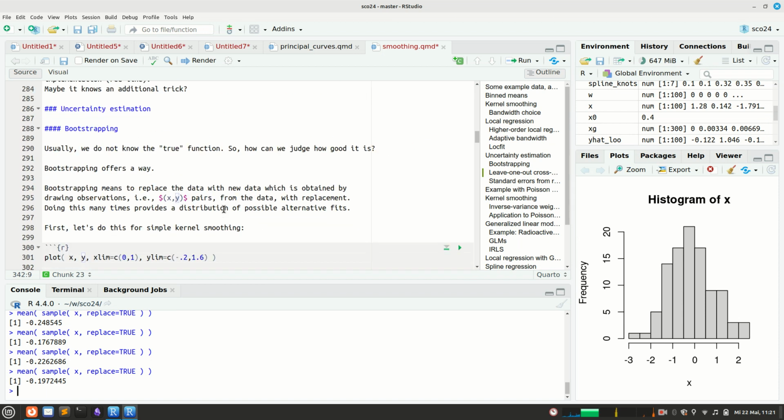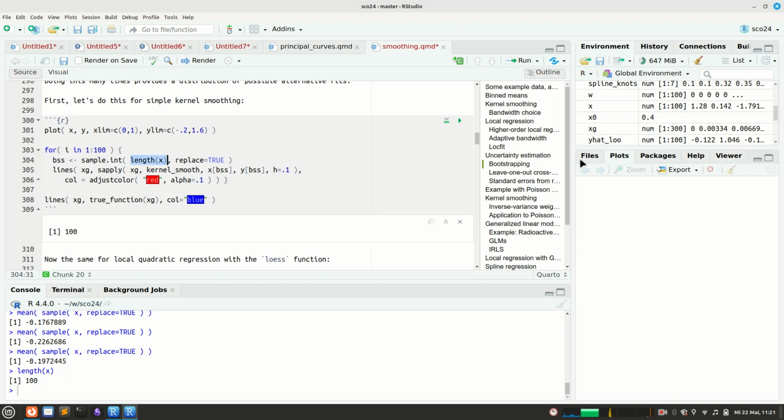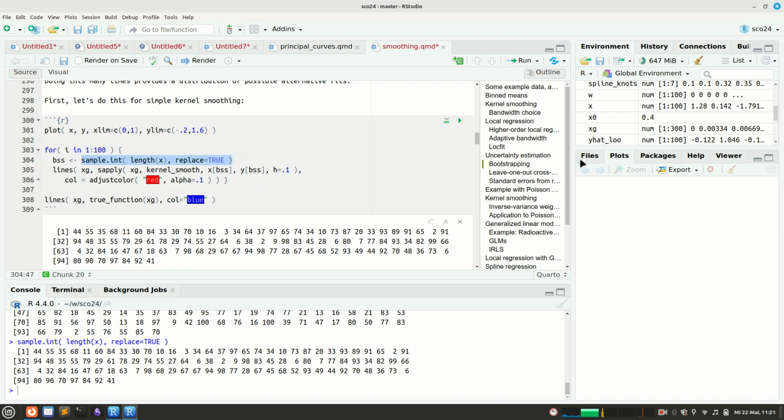What I've done here is I do bootstrapping by taking the sample int function, which you remember, I have 100 data points, and every time I call it, it draws another 100 numbers with replacement between 1 and 100.